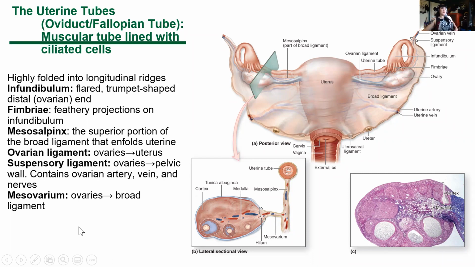So the suspensory ligament anchors the ovaries to the pelvic wall, and they contain artery, vein, and nerves. And the mesovarium anchors the ovaries to the broad ligament. So there's all kinds of anchors to hold everything in place. And assuming all that goes well and has formed appropriately, the majority of ovulations should make their way into the tube successfully.